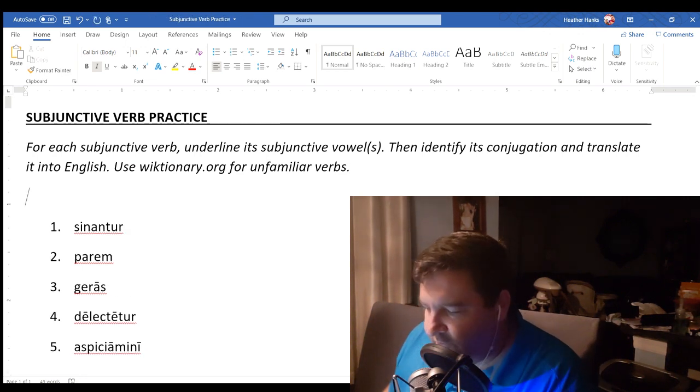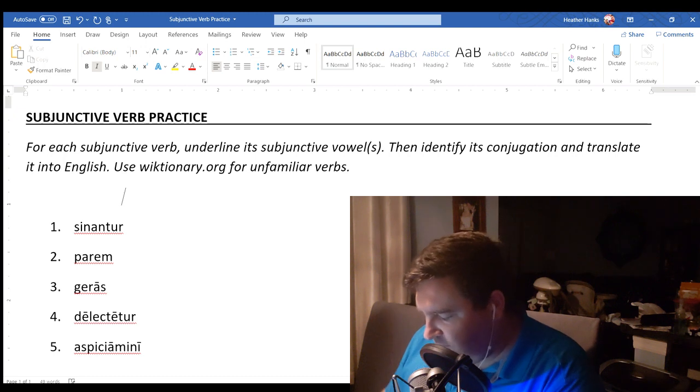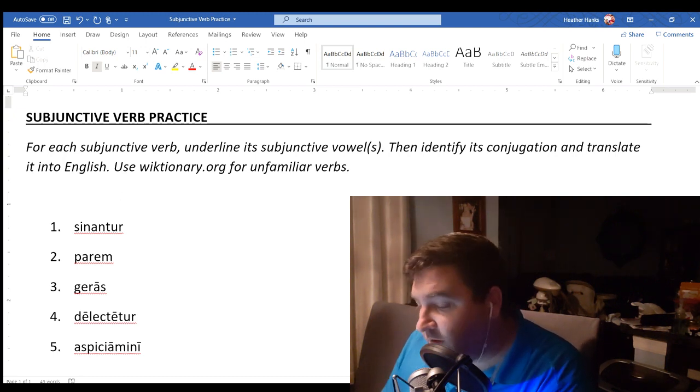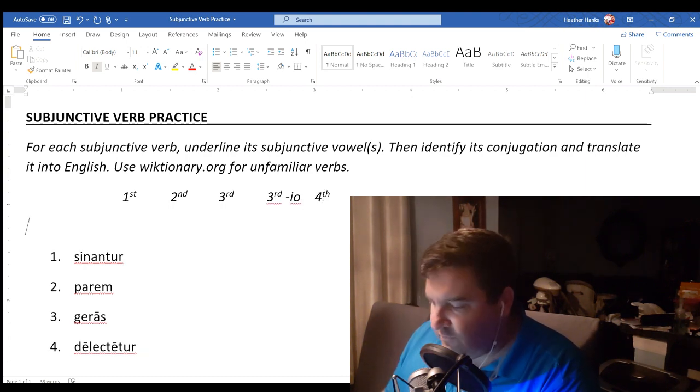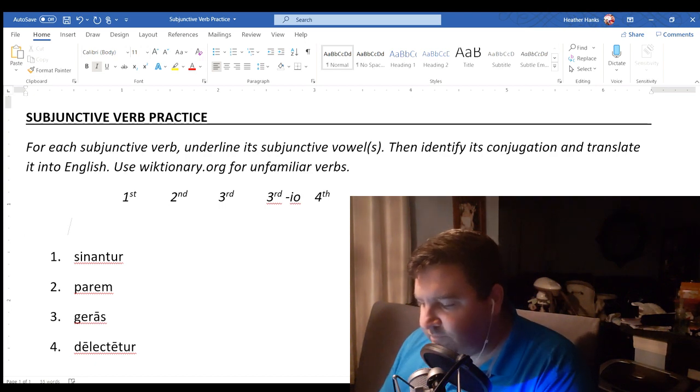How do you spot the different present subjunctive forms depending on conjugation? It depends on the conjugation of the verb. So I'm going to put in first, second, third, IO, and fourth to indicate our four-ish conjugations.